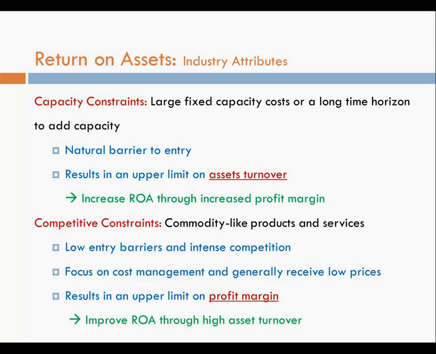Their profit margins are going to be thin. Think of grocery stores. So they make it up on volume, essentially. So you need to focus on cost management, keep your costs down. You're going to generally receive very low profit margins, and you need to turn over your assets, turn over inventory, for instance, in a grocery store in order to improve your return on assets. So depending upon the type of company you are, you'll either be able to improve your profit margin or improve your asset turnover.